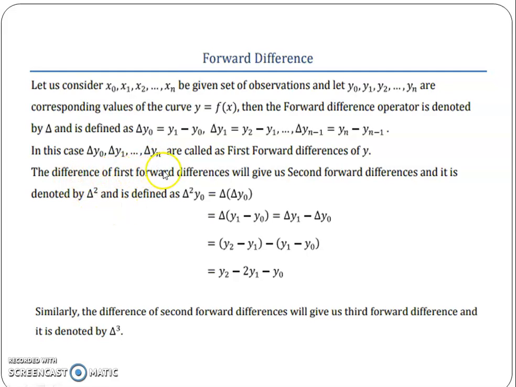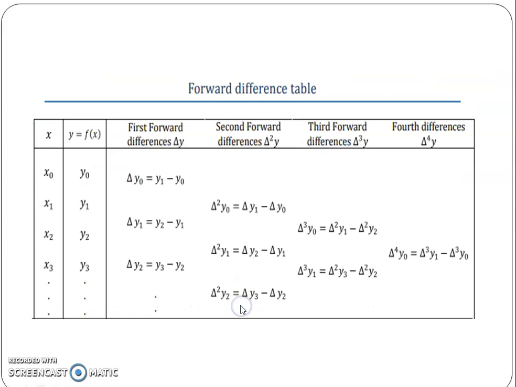The difference of first forward differences will give us second forward differences. For example, del square y0 is equal to del of del y0, that is del of y1 minus y0, equal to del y1 minus del y0. This is the difference between the second first order difference and the first order difference, right? Similarly, we can find third order difference.